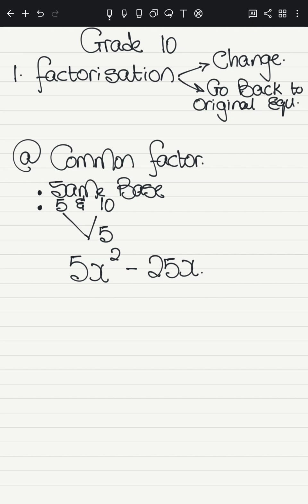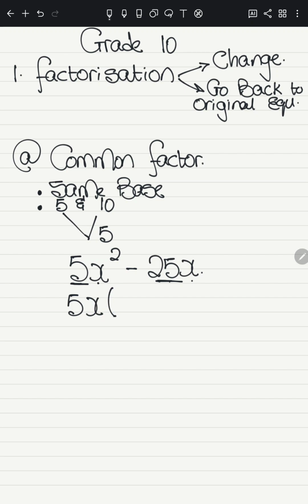What we need to consider here is that I've got 5 and 25, so the common factor will be 5. And then I've got the variable x in the first term and the variable x in the second term. I need to take the variable with the lowest exponent. That is my common factor, so that will be x.